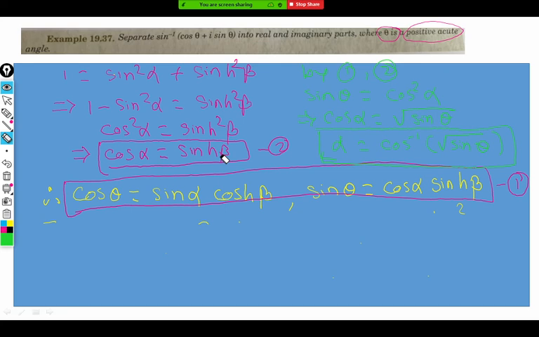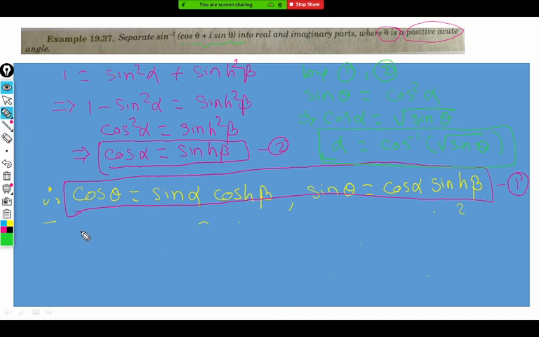But yes, we want beta. So if we want beta, multiply both sides with iota, then we'll get sine I beta. If we multiply by iota, iota times sine hyperbolic beta means sine of I beta. But we don't want alpha. We want everything in theta form because the original things are in theta. This is theta.